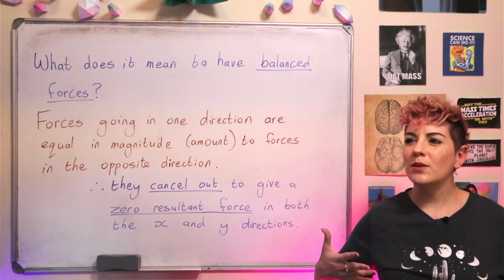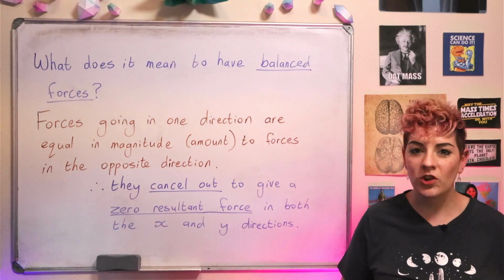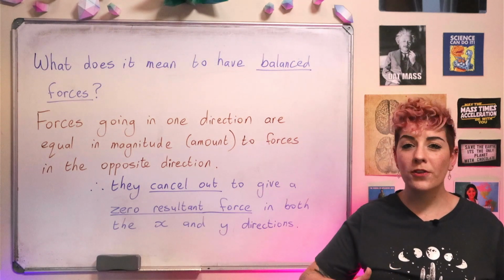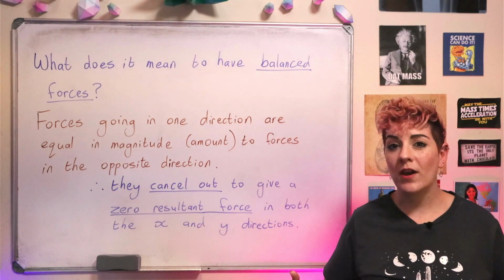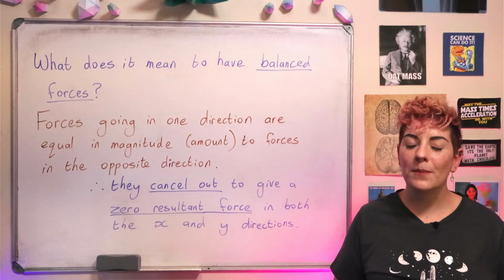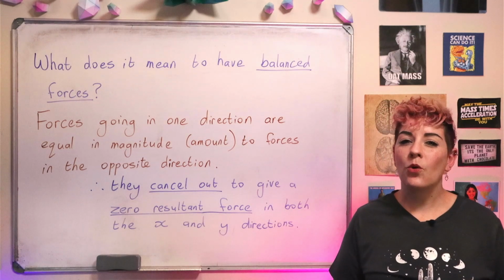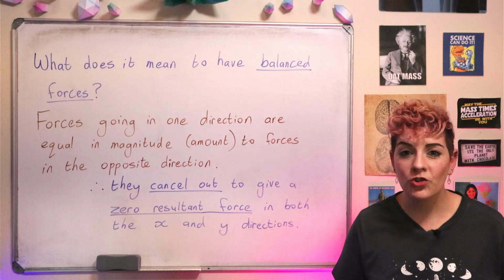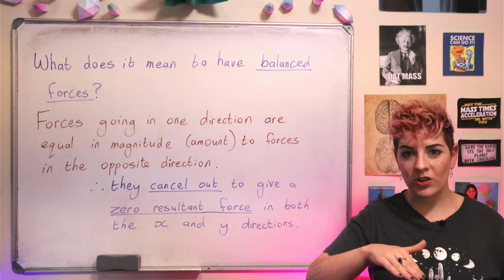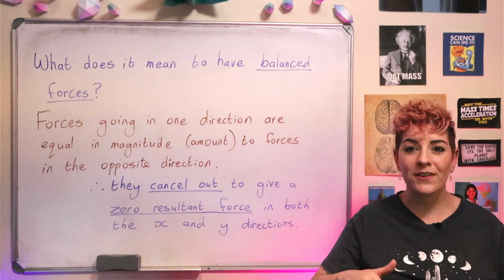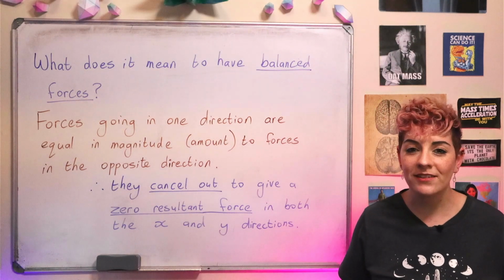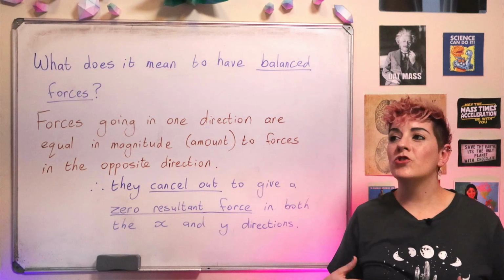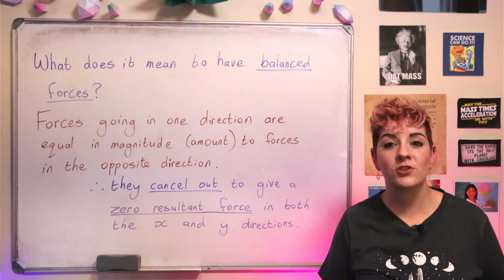So what does it even mean for forces acting on an object to be balanced? Well, it simply means that all the forces going in one direction, if you added them up, are going to be equal in magnitude or amount to all forces going in the opposite direction. And this is going to be true in both the x direction, which is usually parallel to the surface, also known as the horizontal, and it will also be true vertically in the y direction, which is usually perpendicular to a surface.